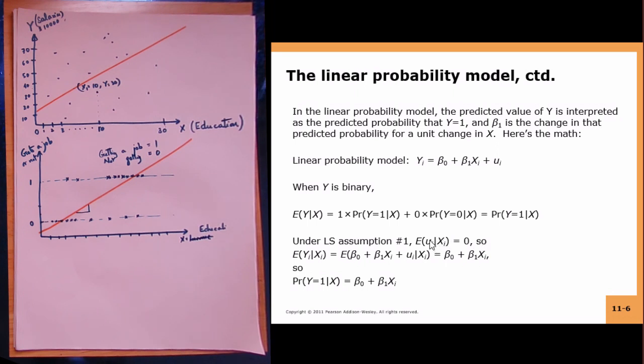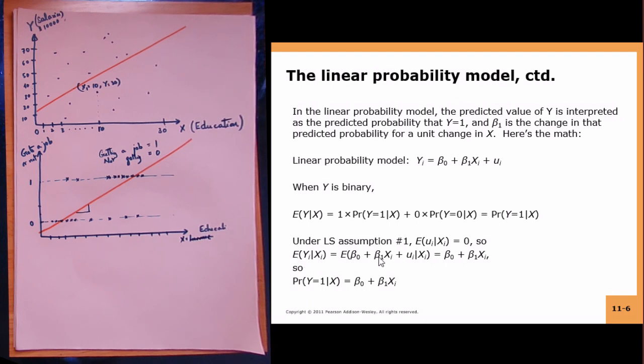Because the average mean across all values of x_i, you hope to fit a curve such that the average means will be 0. Expected value of u_i will be 0, or u_i will be uncorrelated with x_i.